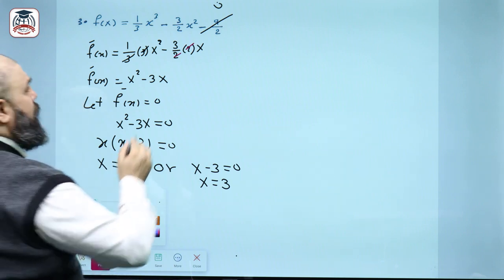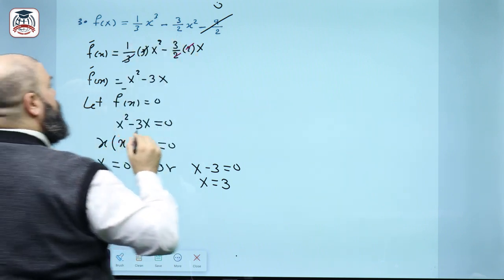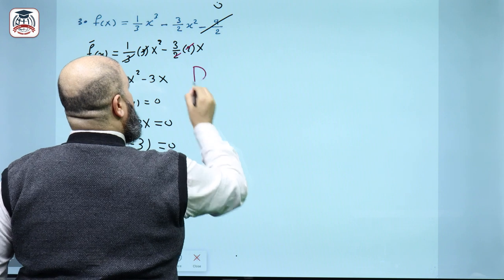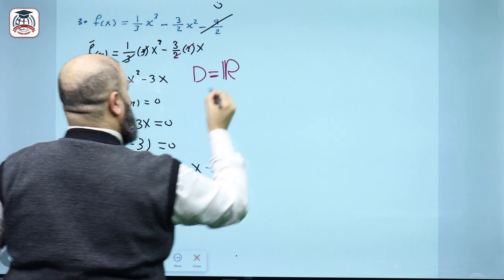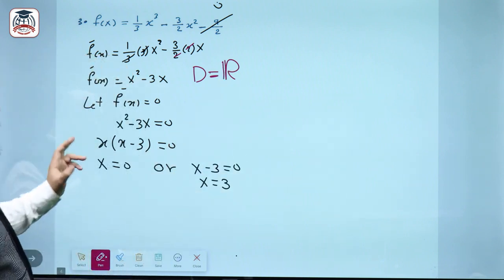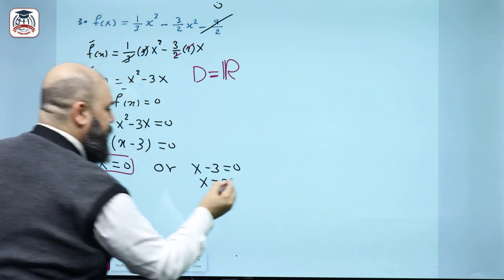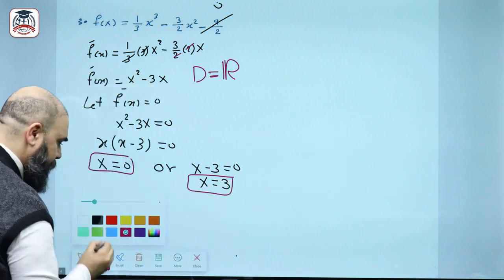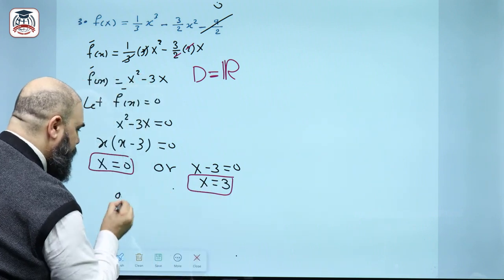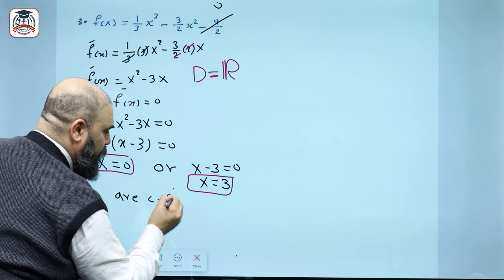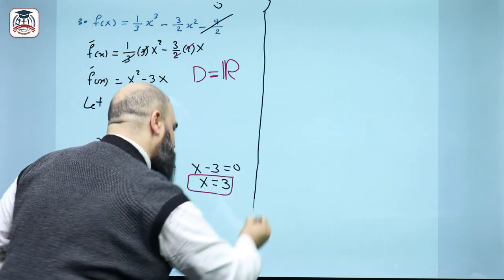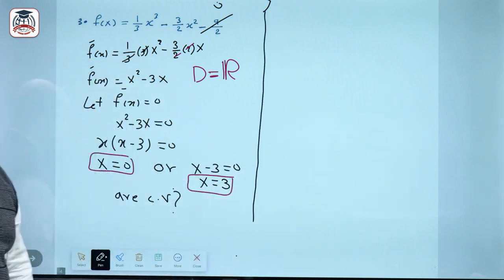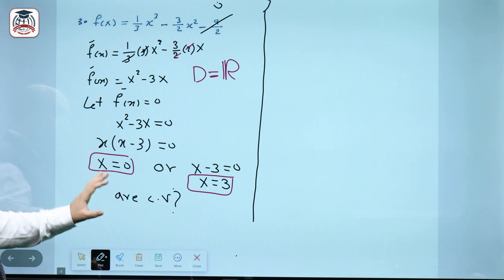The domain of this function, this is a polynomial function. Again, the domain is all real numbers, like the first example. Okay? Then 0 and 3 are critical values. To find the critical point, replace 0 and 3 in the function.